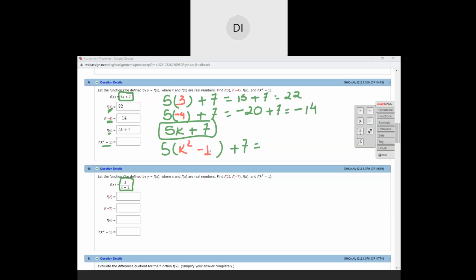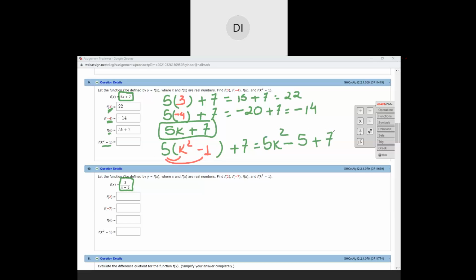We're going to keep it like that. And then here, what you can simplify, you can multiply 5 times k squared, 5 times negative 1. So when I do that, I'm going to get 5k squared. 5 times negative 1 is negative 5, plus 7.